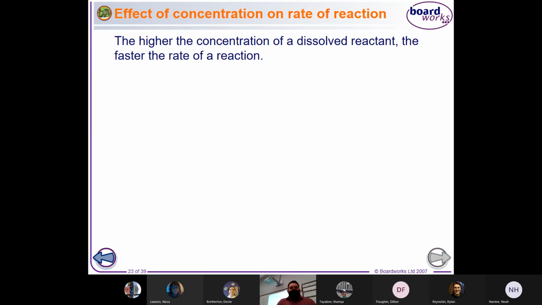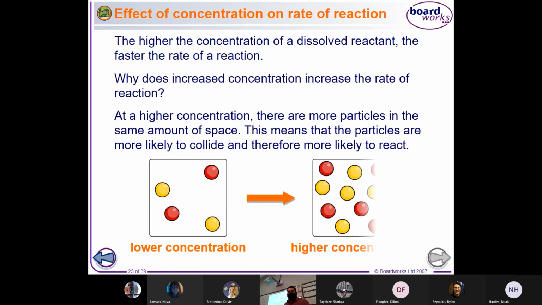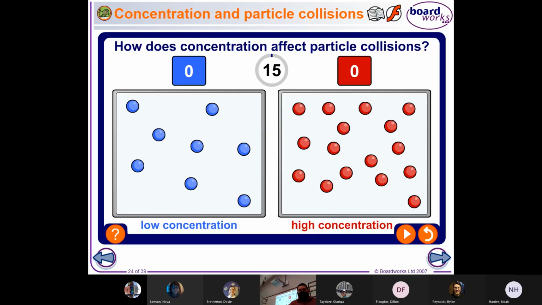All right, we also have concentration. Concentration means you have more particles. That should make sense. If we have more particles, we're going to have more collisions. So lower concentration, higher concentration, more particles involved in the collisions. Here we have 8 particles at lower concentration, and this time about 20 or something, so more particles.